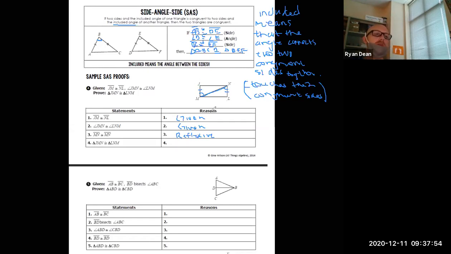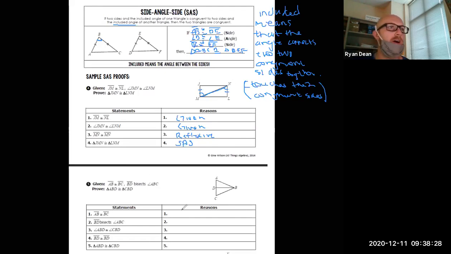The reason for this would be side angle side, because our picture matches the one up here, where we have one pair of congruent sides, and one pair of congruent angles that connects the first pair of congruent sides to the second pair of congruent sides, which is right here. So that's that one.